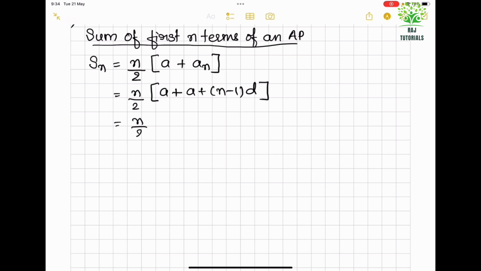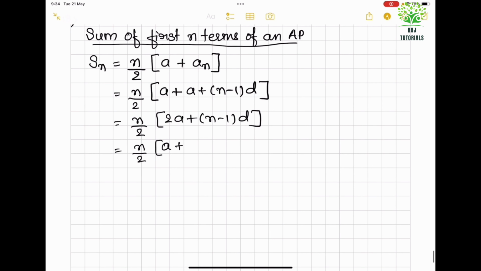So this is also written as n by 2 into (2a plus (n minus 1)d). If the first term and the last term of the AP are given, I can say n by 2 (a plus l). So these are the basic formulas to find the sum of n terms of an AP.